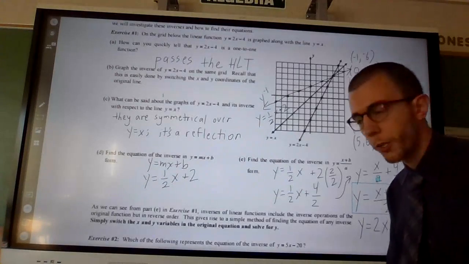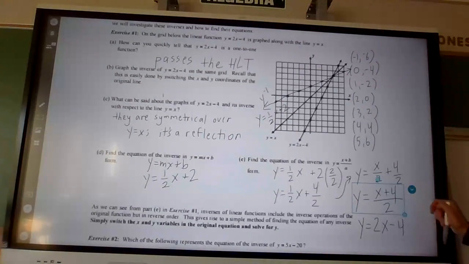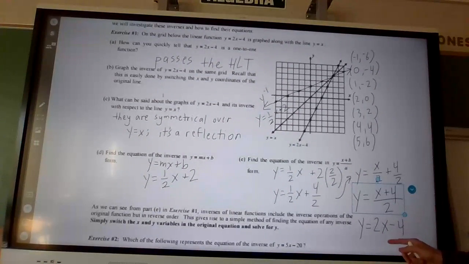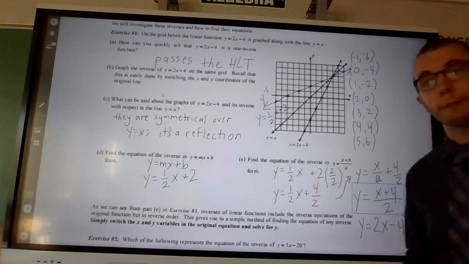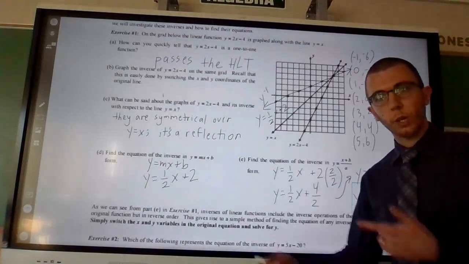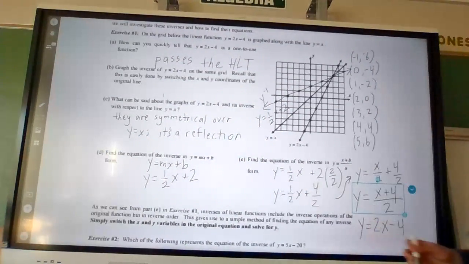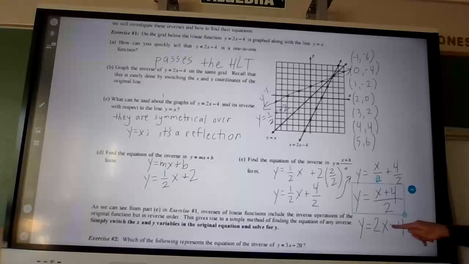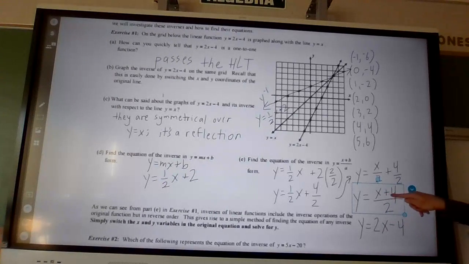An inverse function includes the inverse operations, the opposite operations of the original, but in opposite or reverse order. So keeping up that switcheroo, the reversal. Y equals 2x minus 4 shows 2 times x first, then subtract 4. Well, the inverse operation of subtracting 4 is adding 4.